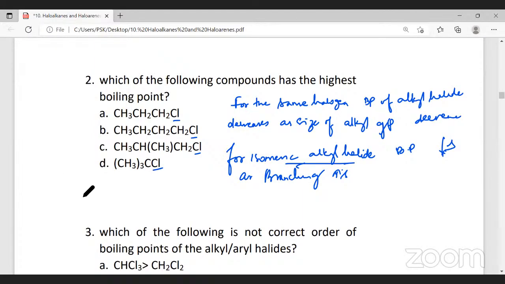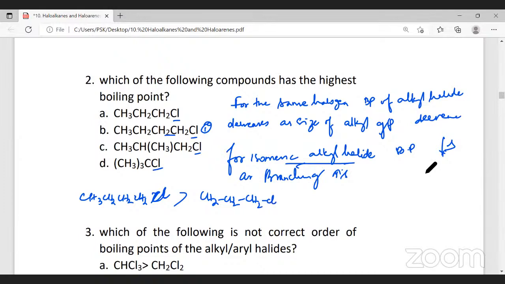So the order will be CH3CH2CH2CH2Cl, the second option, which will have the highest boiling point first. And this will be greater than CH3CH2CH2Cl.